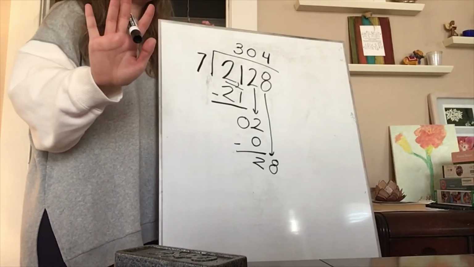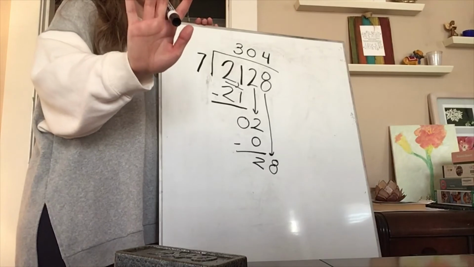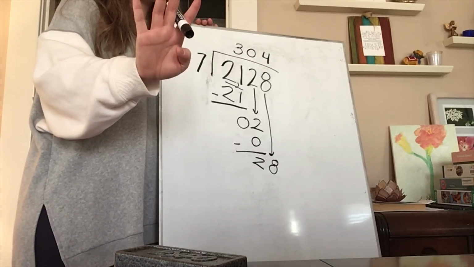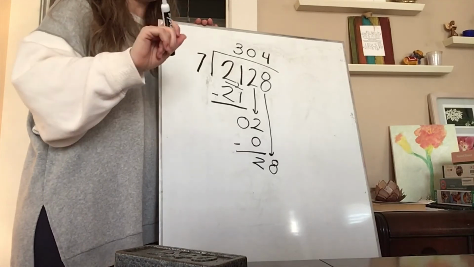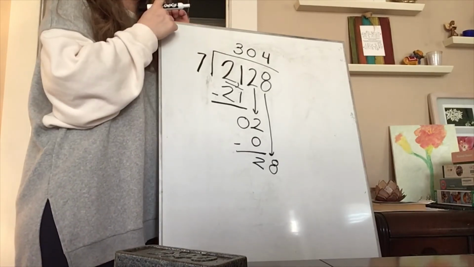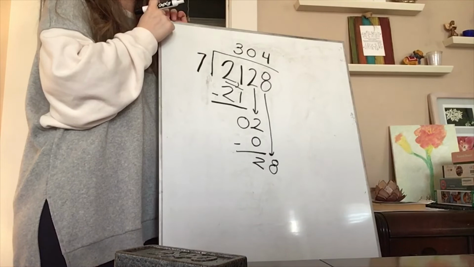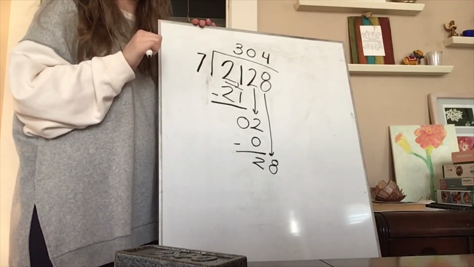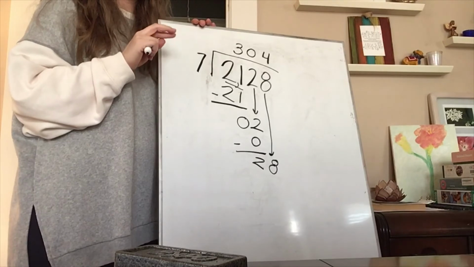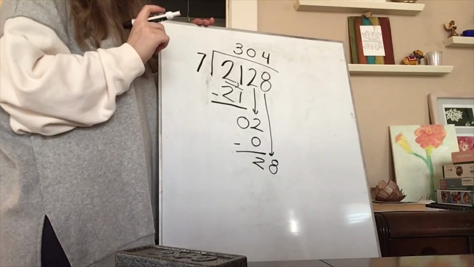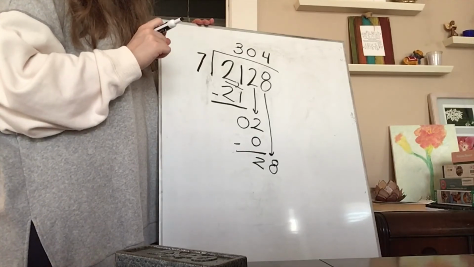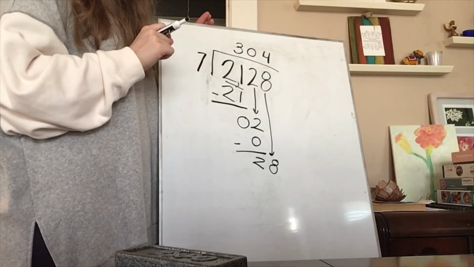What do we do next? We just divided, so now we multiply. Kingston, don't forget to unmute. We multiply. What are we multiplying?